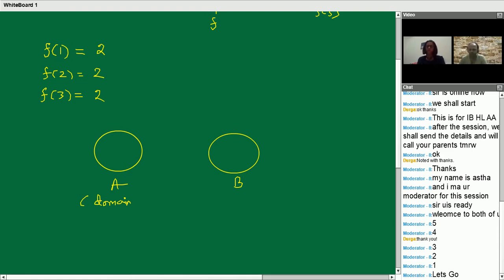The x inputs. True. All possible x values, if we consider all possible inputs in a set, that would be the domain. And what about B? The range. How can you define the range?